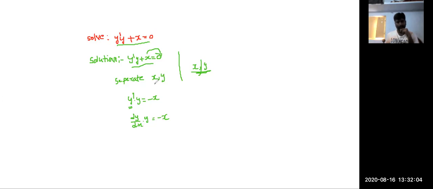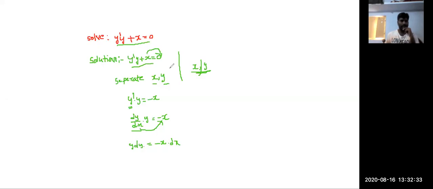So we are separating x and y. So bring dx to the other side, that is y into dy equals minus x into dx. So we have separated the variables x and y.